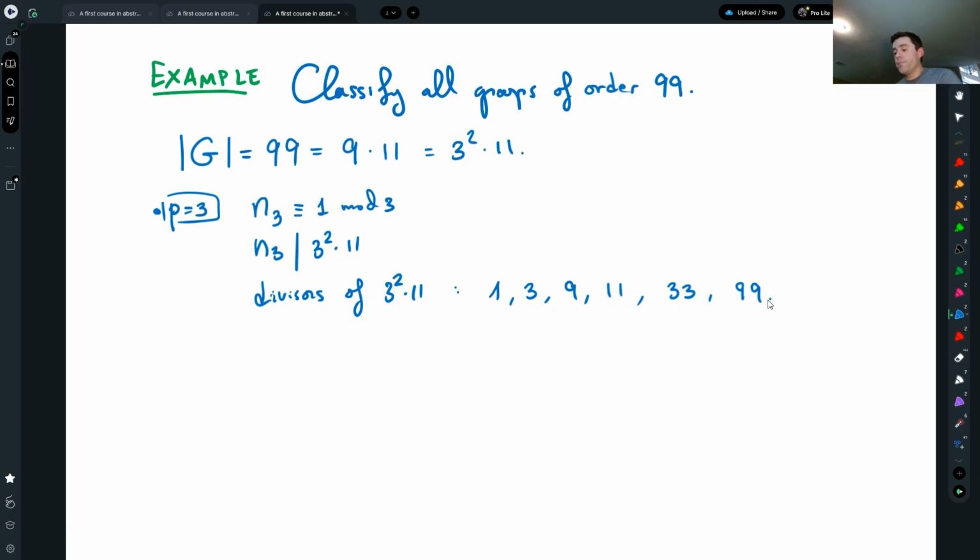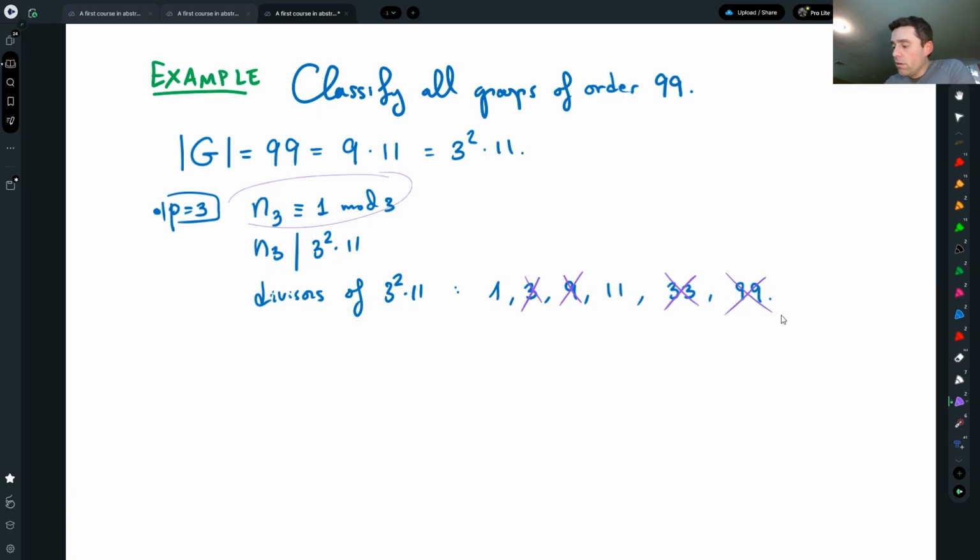That's it, right? 11, 33, 99, yeah. So those are all of them. And now I consider this condition. It cannot be 3. It cannot be 9. Those are 0 modulo 3. It cannot be 33, and it cannot be 99.